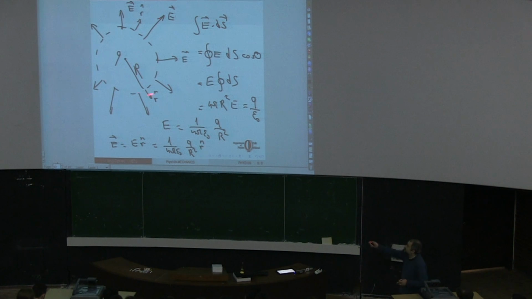I don't have to choose this particular sphere. I can choose any complicated surface that you can imagine. Gauss's law will be valid. But it will also be valid for this surface. This is a sphere whose center is at my charge. And if the Gauss law is valid also for this surface, then the electric field should have this form.